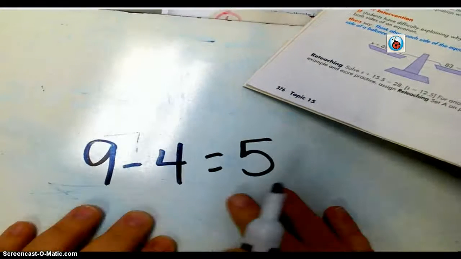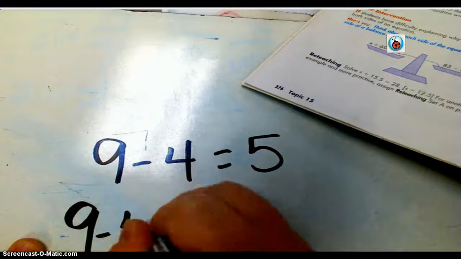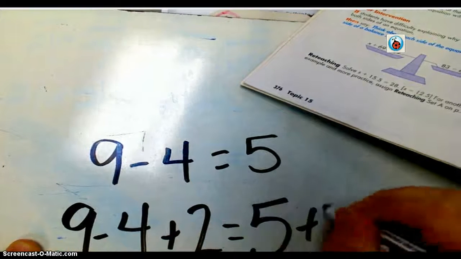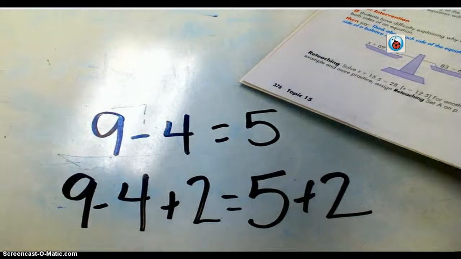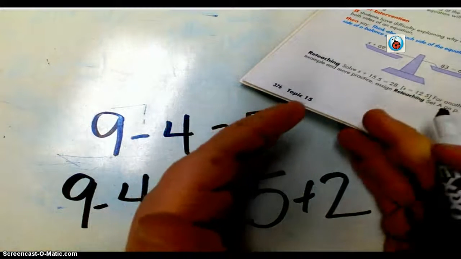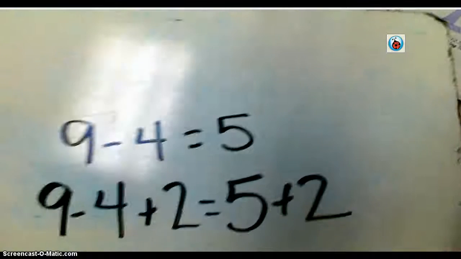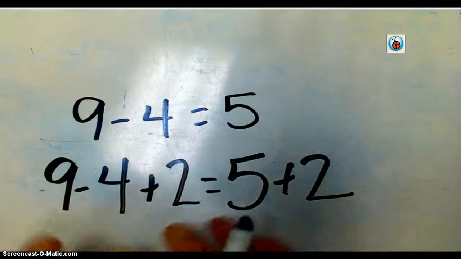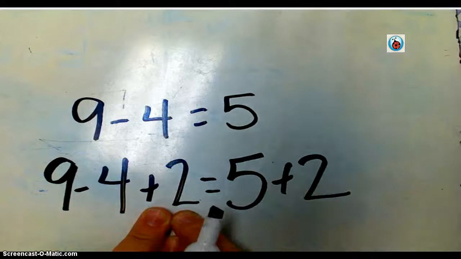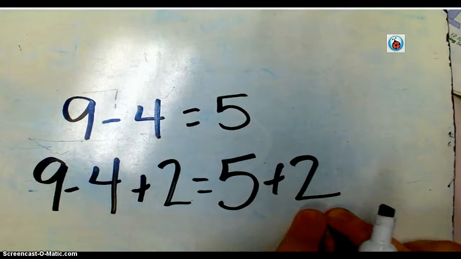So, think with me if you will. I could rewrite this as, and that's still the same thing, right? This side is still equal to this side. There's a dark spot there. Okay? All I did is I added 2 here, and since I added 2 to the left side of my equal sign, I had to add it to the right side of my equal sign.